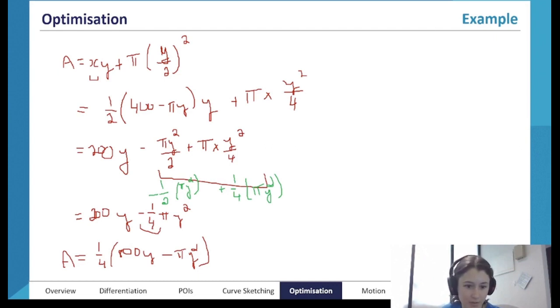Firstly, let's find the derivative. I'm going to do this in this nice green color, a dash. So we're going to have a quarter out the front, then we're going to have 800 take 2 pi y. So this is going to be our derivative. We now need to find when this is equal to 0.